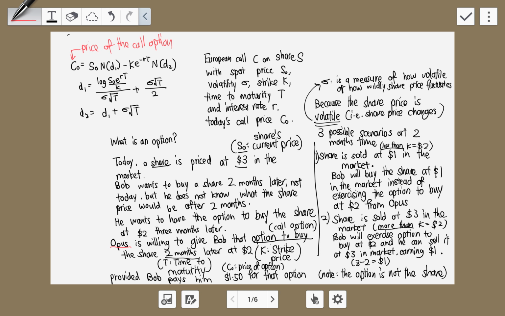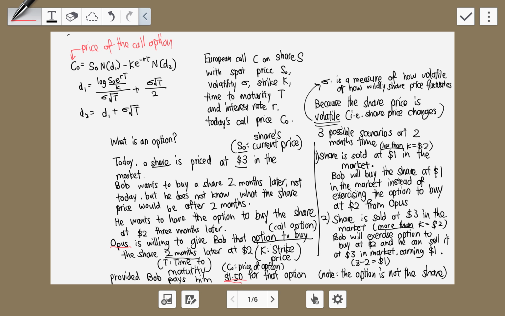So Opus will be willing to sell you that option if you pay him something. Let's say Bob pays him $1.50 to have that option. Then C0 is the price of the call option. So this is how it works.